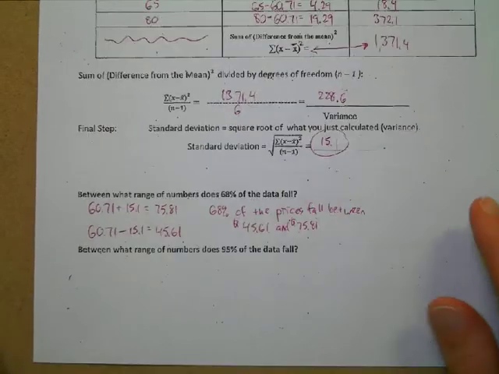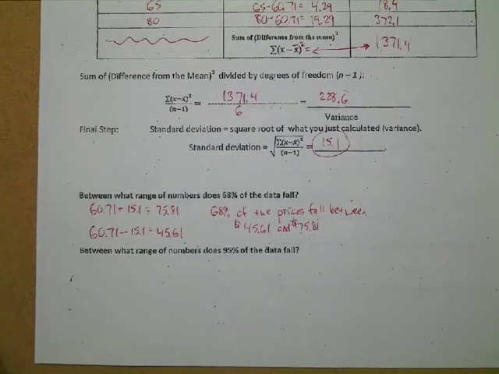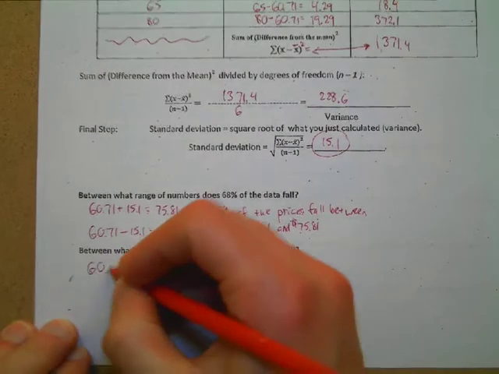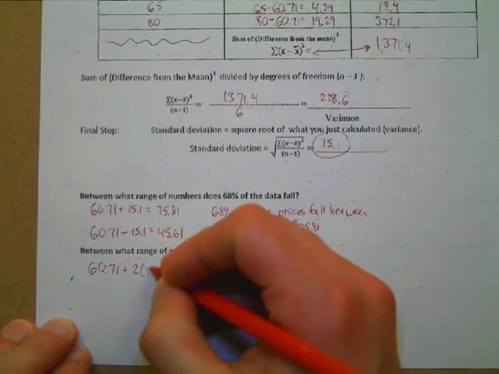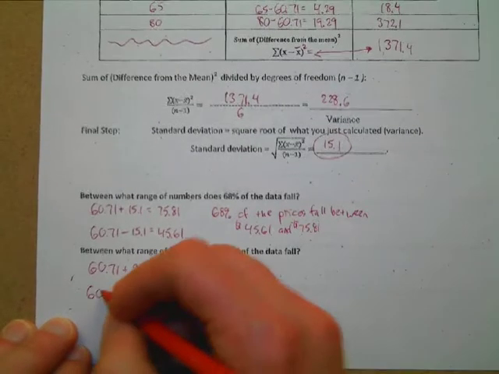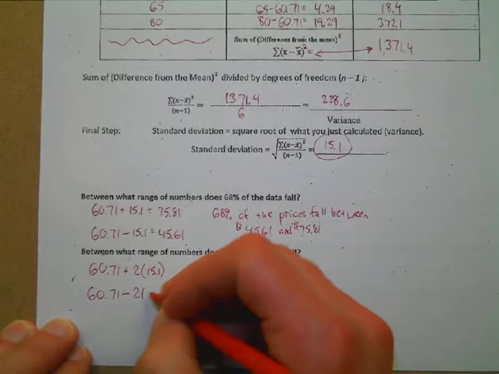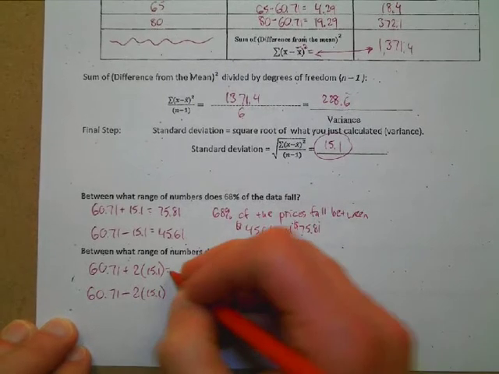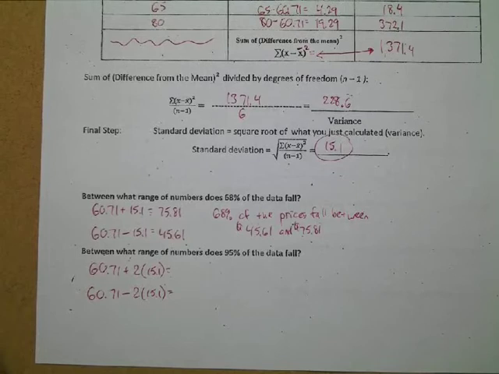Okay. So what about the range of numbers for 95% of the data? How many standard deviations is 95%? 2. So we're going to take that 60.71, our mean, add 2 standard deviations to it, and subtract 2 standard deviations from it. That'll give us our upper and lower bounds.